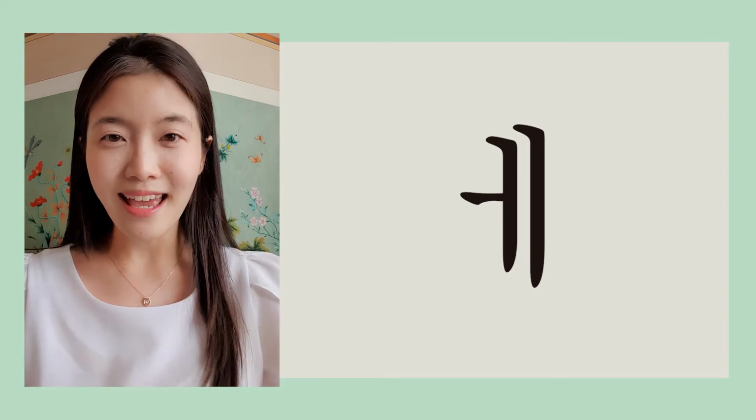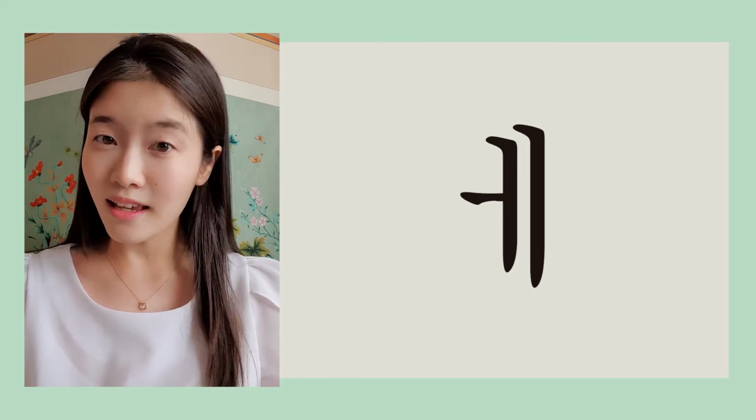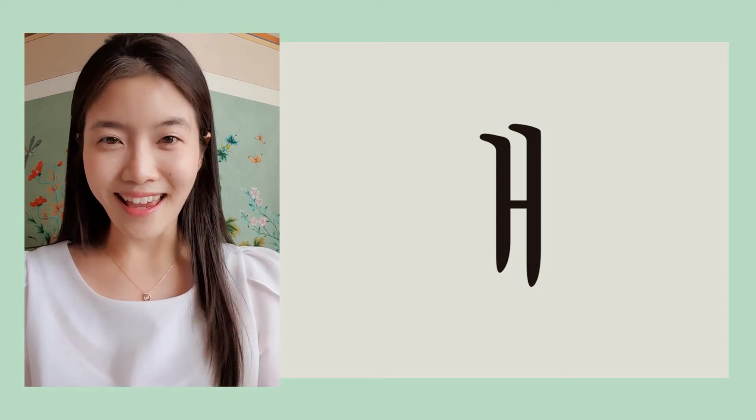And then the next one is e, and then the next one is e. And the last vowel is also pronounced as e as well. So the last two vowels are actually pronounced in the same way, which is e.